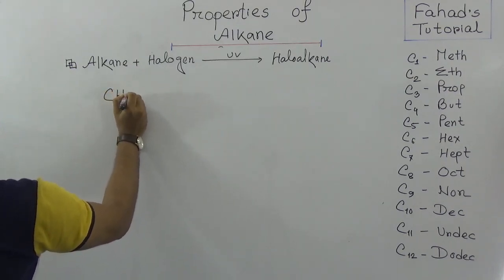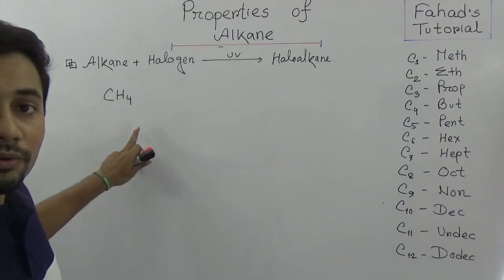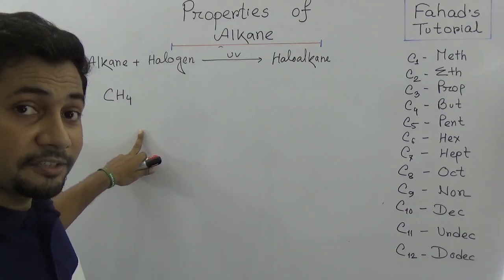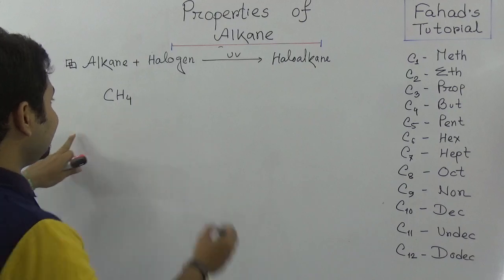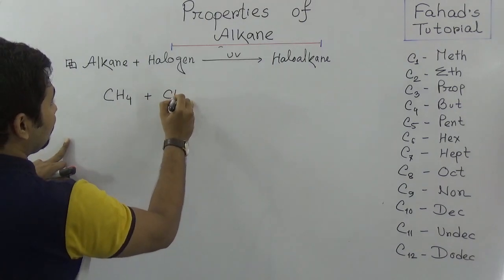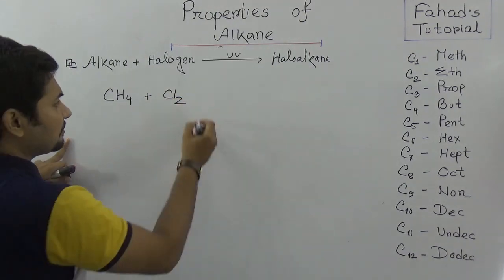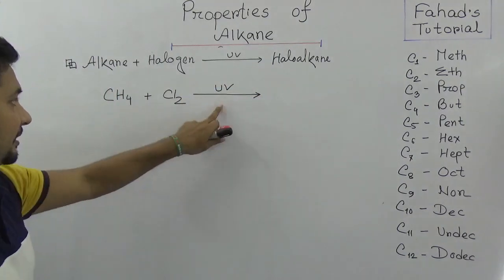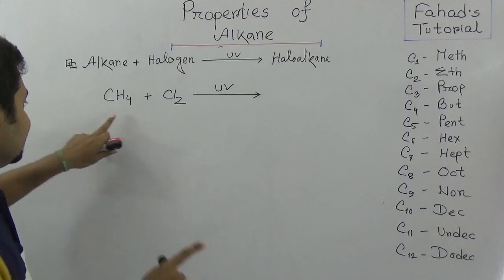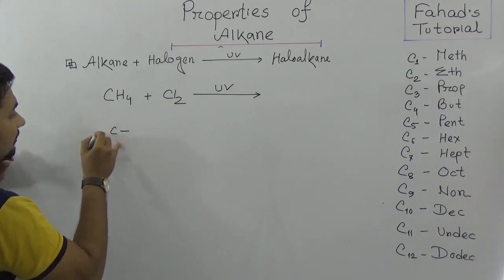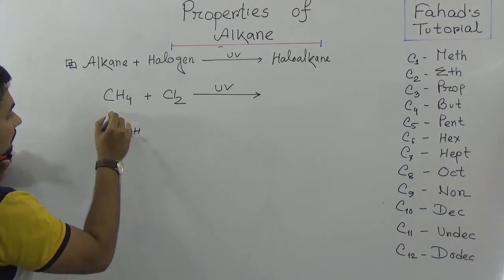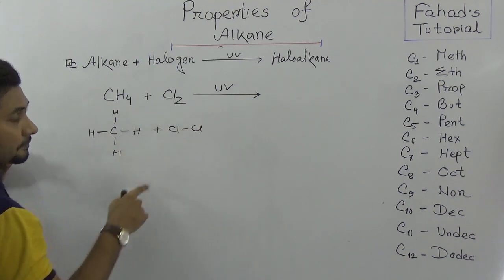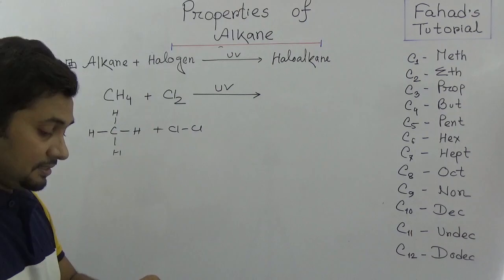Suppose this is methane. Methane has 4 hydrogen and 1 carbon. If it reacts with chlorine in the presence of ultraviolet, what is happening? CH4 plus chlorine.